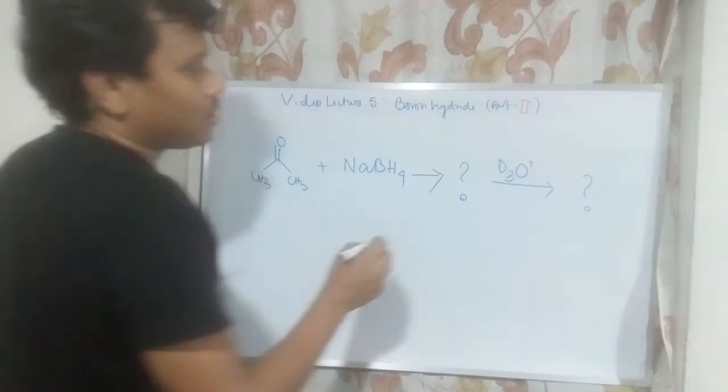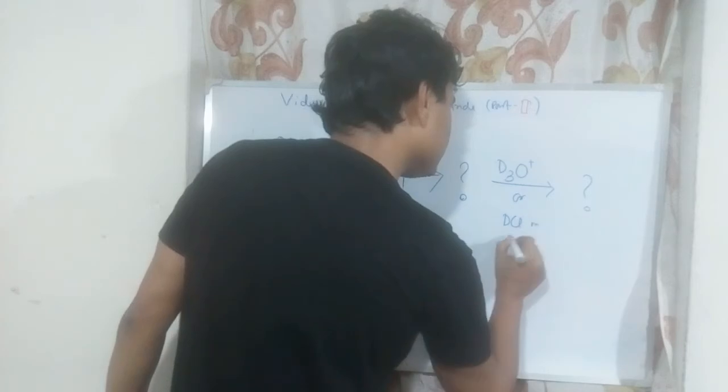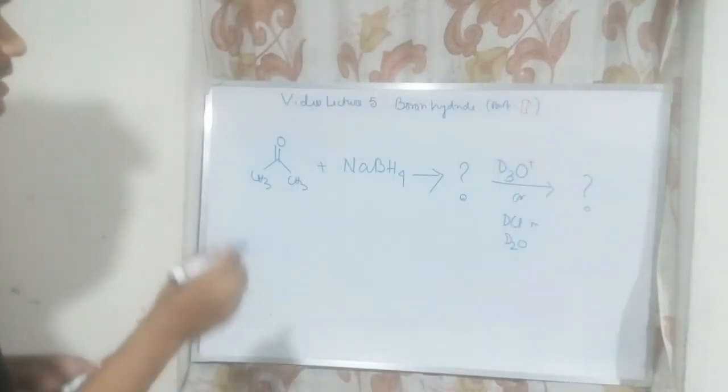D3O plus, or we can consider it as DCl in D2O. Okay, what will be the product?